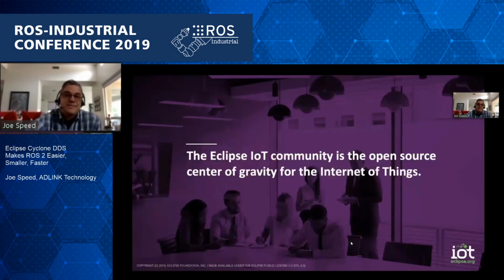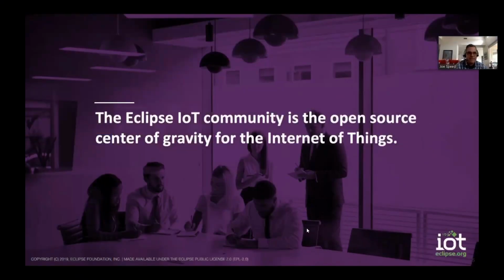So, Eclipse IoT. If you think about Open Robotics and ROS-Industrial, you have this amazing community, these people that have gathered around to focus on robotics in all its different forms. Eclipse is an analogous organization with a focus around the Internet of Things.